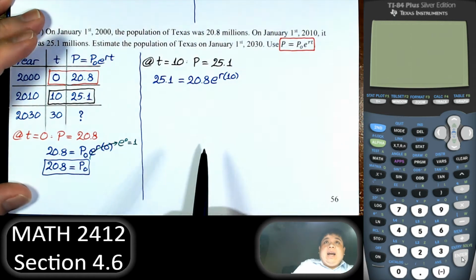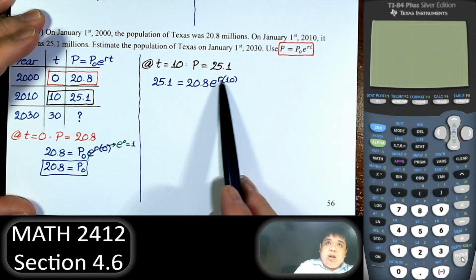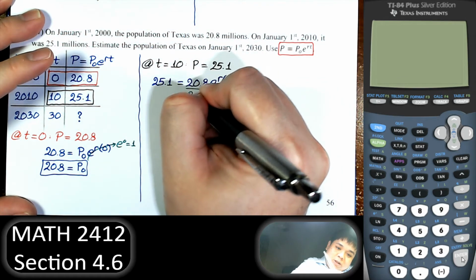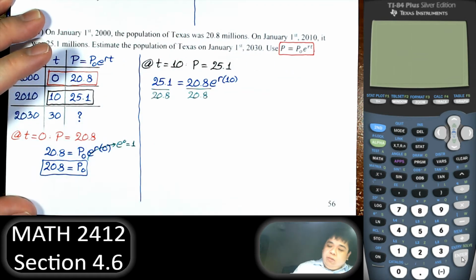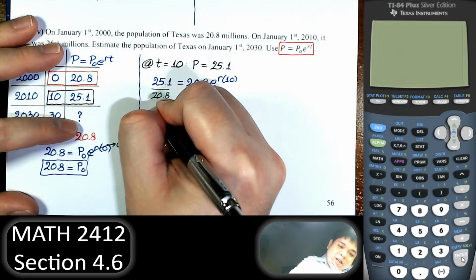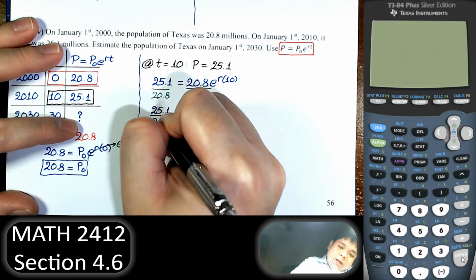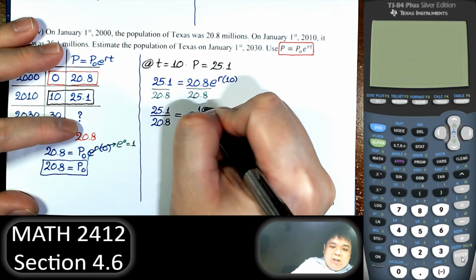Now we will need to get the e to the 10r, the exponent term, by itself. So I will divide by 20.8 on both sides. We just say 25.1 over 20.8 equal to e to the 10r.